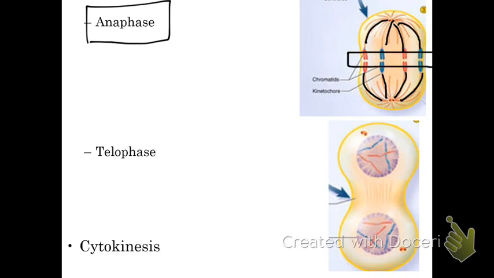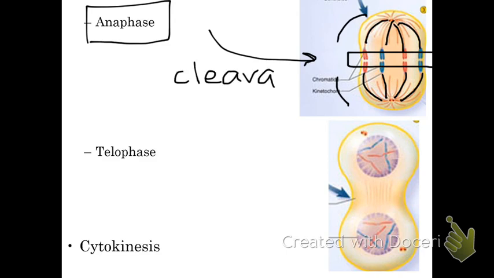So really all that's happening is that the top is pulling one set of chromosomes and the bottom is pulling another set of chromosomes. In anaphase, you begin to see what's called cleavage. So cleavage is simply the indentation of the cell as it begins to break into two. And you can see that the cell becomes more elongated, starts to look more like a rugby ball.